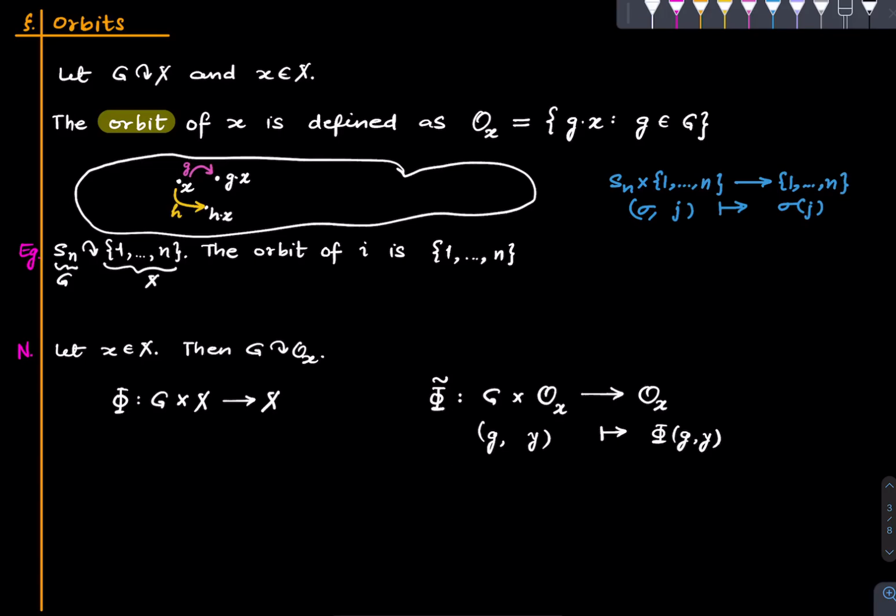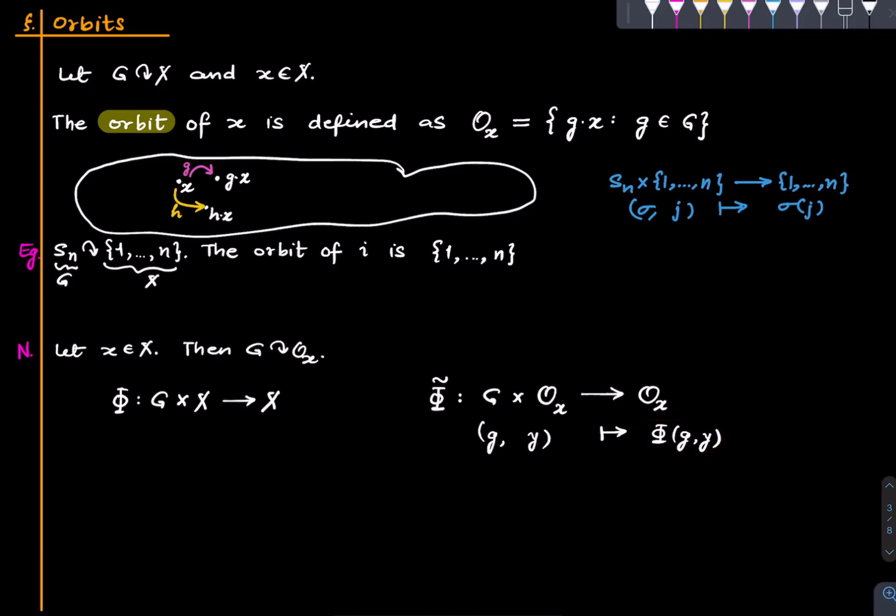Now, this phi is this same phi, and this is well defined because this guy is lying in the orbit of X. Why? Because if little y is in the orbit of X, this is also in the orbit of X. I need to justify that.